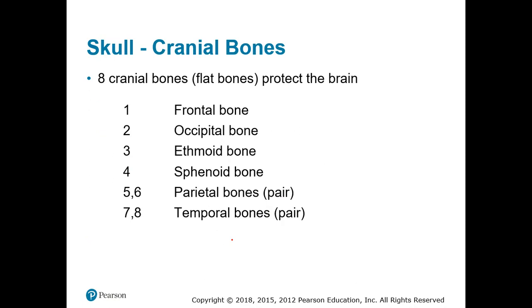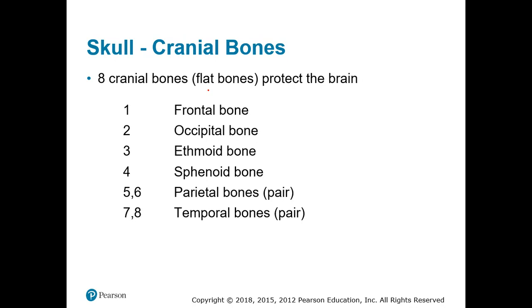We're going to only specifically focus on cranial bones today, and tomorrow we'll go over facial bones. So there are 8 cranial bones that protect the brain, and all 8 of these bones are considered flat bones. Flat bones means that we have a layer of spongy bone sandwiched in between 2 layers of compact bone.